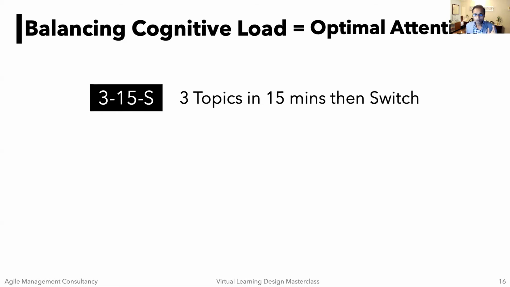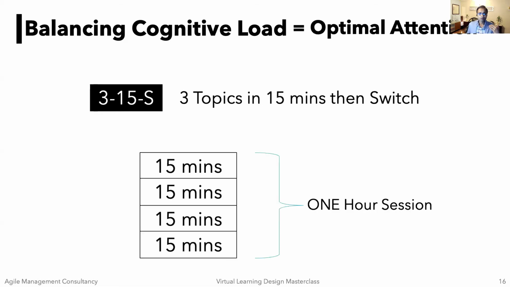But all I want you to understand is, for example, if you have a 1-hour training or a lesson, you should generally try to split it. Of course, there's no hard and fast rule. You can have 15-20, 15-10. But in general, let's make it simple for the purpose of the discussion today.